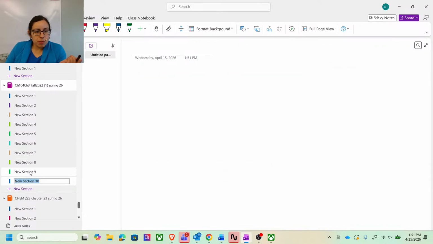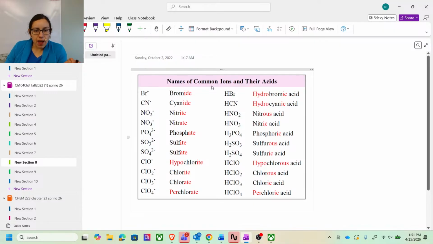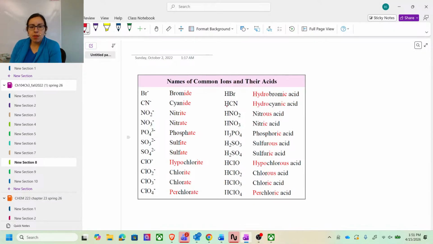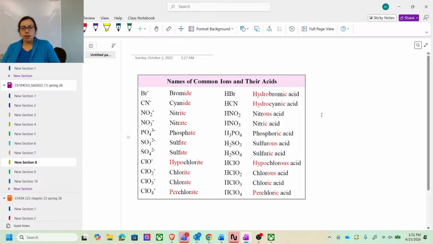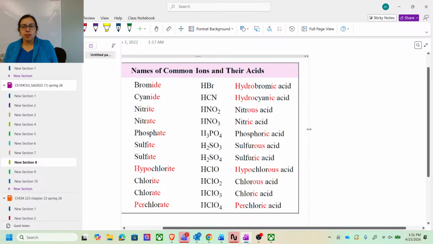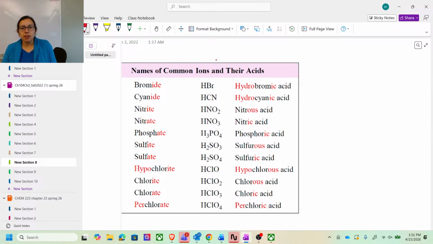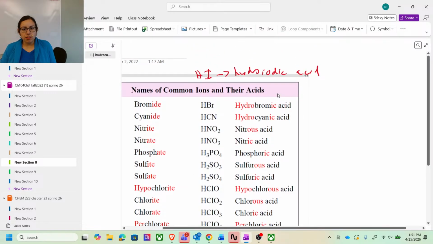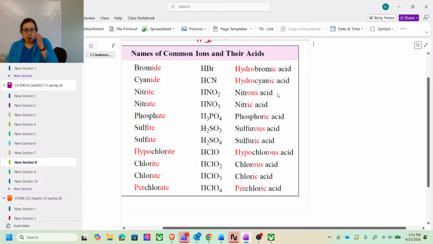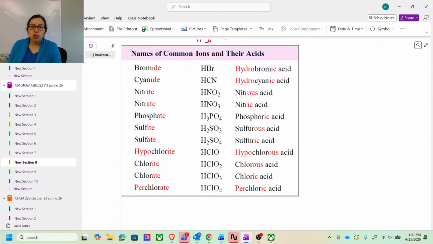Oh, other things I should mention. I forgot to talk about acids. This will come up. Unfortunately for the acids, you just kind of have to learn them. There's not always a rhyme or reason. You have hydrobromic, hydrocyanic. Hydroiodic follows the same; I don't know why they didn't put that on there. So hydroiodic acid, hydrofluoric acid, HF, hydrochloric. But then we also have other ones like nitrous acid with our OS.